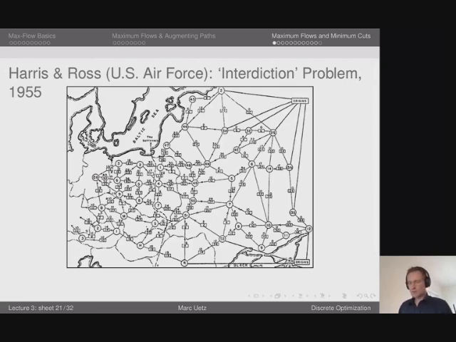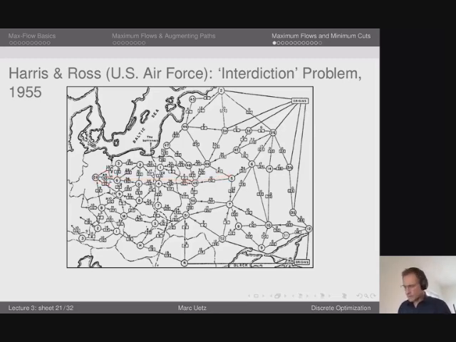Now, if you look closely, you see that this picture is taken from a publication by Harris and Ross, and actually that is Generals Harris and Ross from the US Air Force. So obviously the US Air Force was not interested in the maximum transportation capacity of tanks towards East Germany. They were interested in the dual problem of that, namely determining the cheapest possible way in order to prohibit transportation of tanks into East Germany.